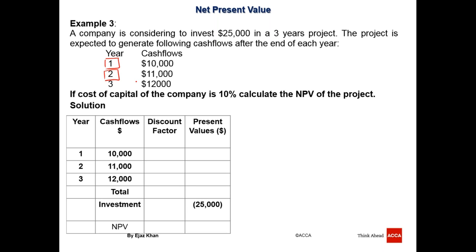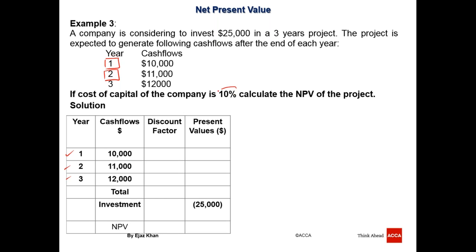Since the cash flows are generated in every year, the present value for each cash inflow will be calculated separately as the years are different. First we calculate the present value of $10,000 received at the end of year 1.